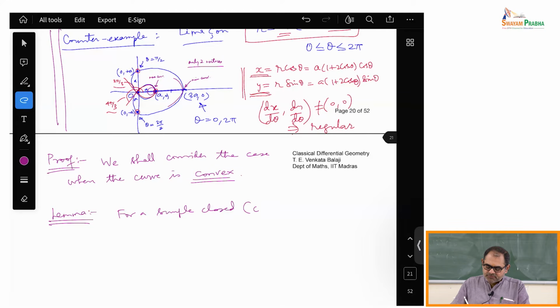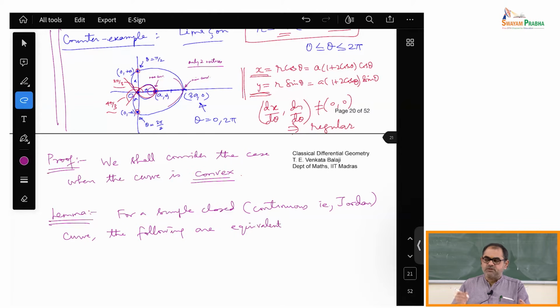simple closed continuous, that is, a Jordan curve, the following are equivalent. And of course, whenever I say curve, I am only worried about plane curves. The following are equivalent and define convexity of the curve.